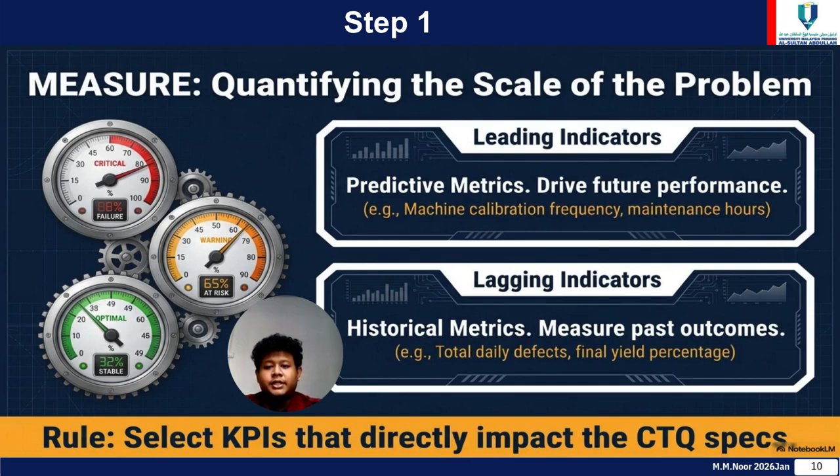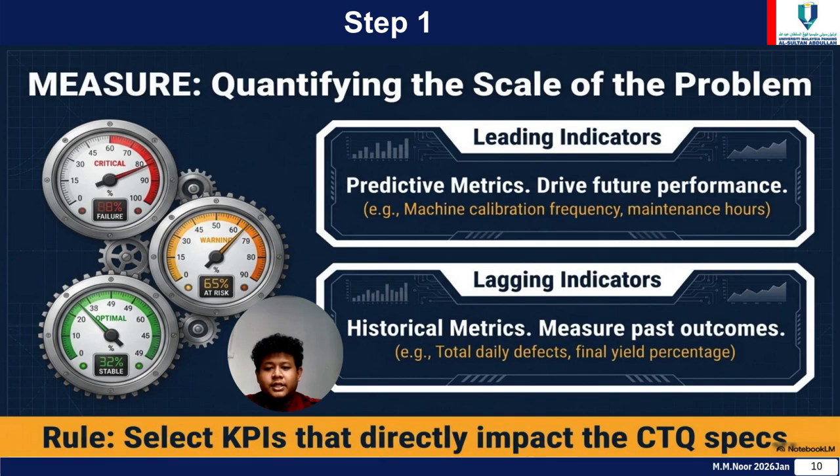First, leading indicators. These are our predictive metrics. They drive future performance and act as an early warning system. Examples include monitoring machine calibration frequency or tracking proactive maintenance hours.